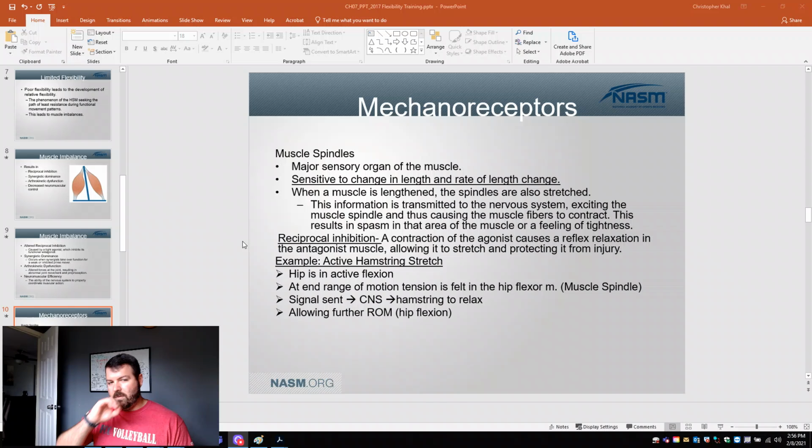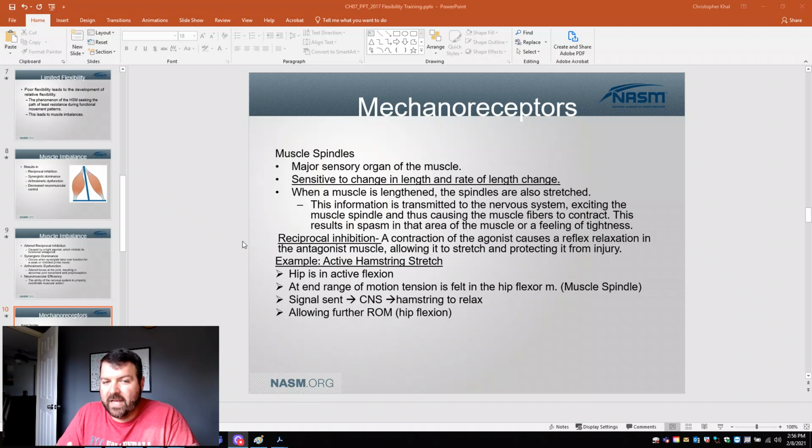Mechanical receptors. First we're going to talk about the muscle spindles. This is a major sensory organ of the muscles. It's sensitive to change in length and rate of length change. Sorry, mouthful. This is a sensory organ actually within the muscle.